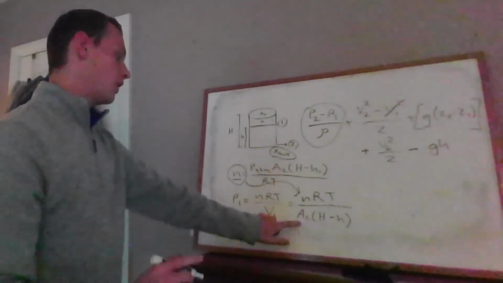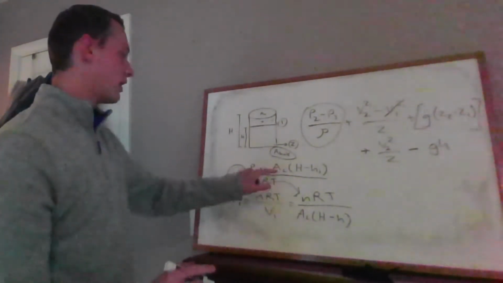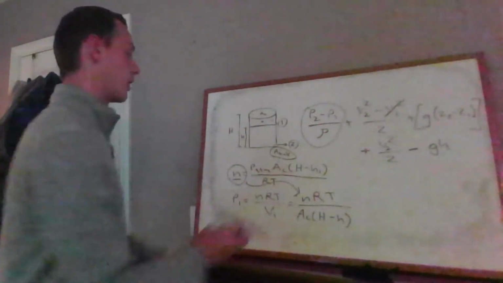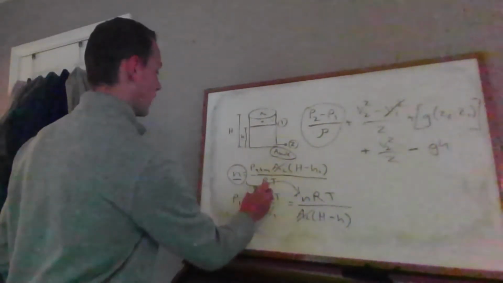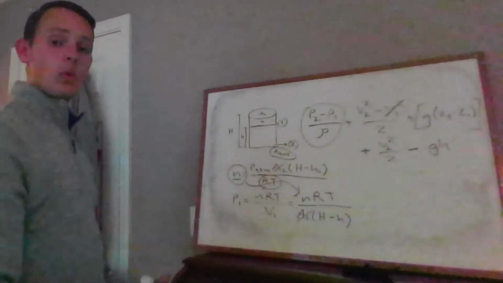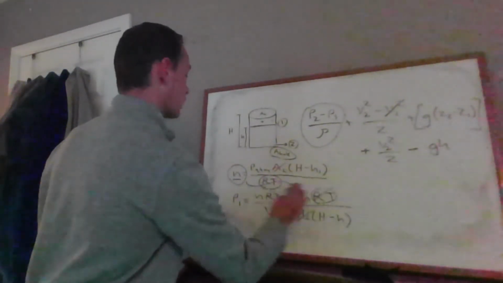Okay, so we have the cross-sectional area of our tank in the denominator and in the numerator, so this is gone. Okay, and then you have the same situation just in reverse with the product of the ideal gas constant and temperature, so those are gone.